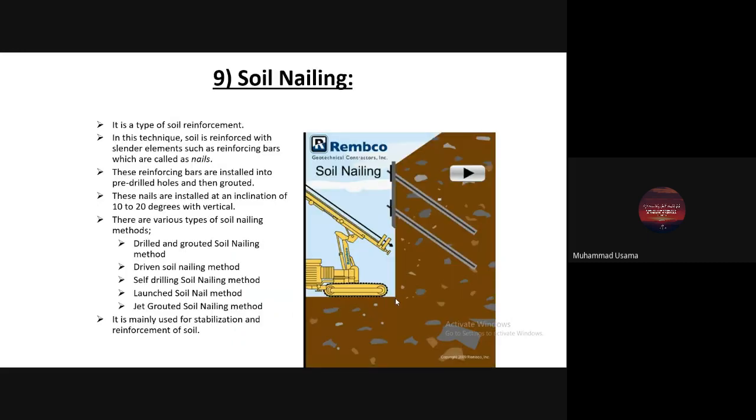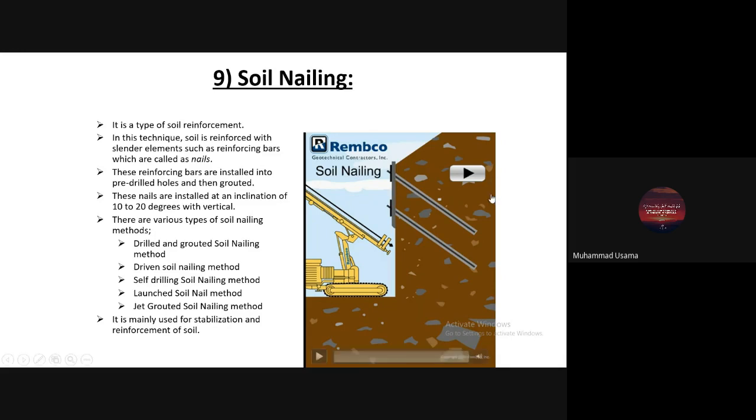The next one is soil nailing. We have talked about soil reinforcement, and this is a type of soil reinforcement. In this method, reinforcing bars, which are known as nails, are installed in the soil. These reinforcing bars are installed into a pre-drilled hole and then grouted.